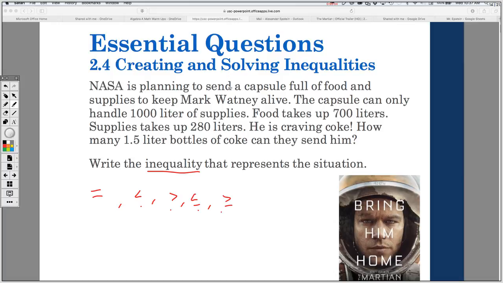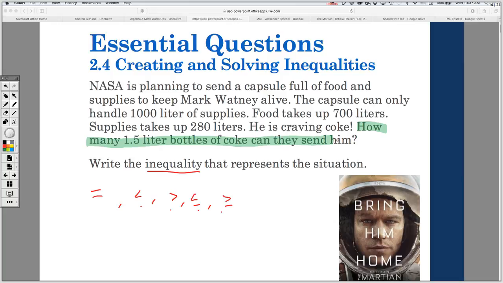Okay, what did you highlight, guys? Jonna, what did you highlight? How many 1.5 liter bottles of Coke can they send? All right. I'm going to switch to green. So this is what we're looking for. We know that's 1.5 liter bottles of Coke. Okay, what else did we highlight? Good. The capsule can only handle 1,000 liters of supplies. Awesome.